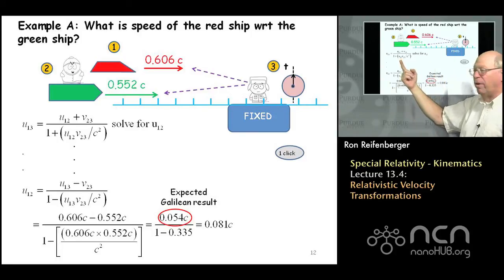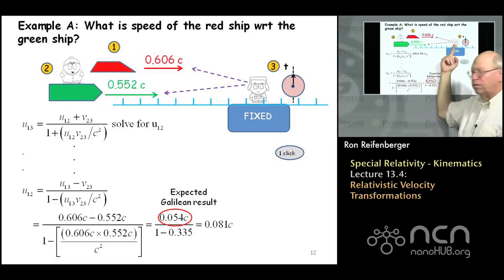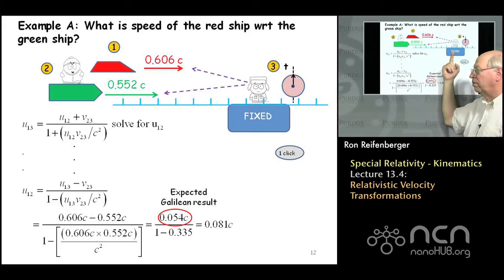So this is the equation that tells how the velocities transform. What we really want to solve for here is U12, right? We want the velocity of object 1 with respect to observer 2, and we're given the velocity of object 1 with respect to observer 3, and the velocity of object 2 with respect to observer 3.